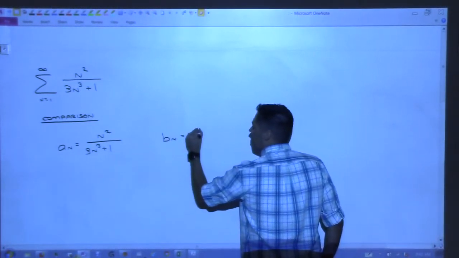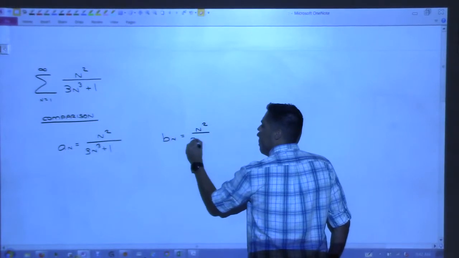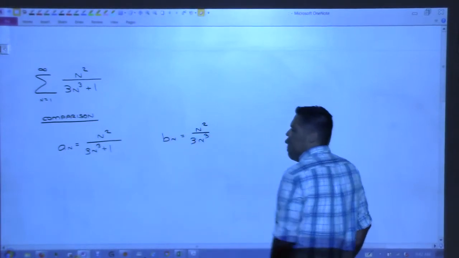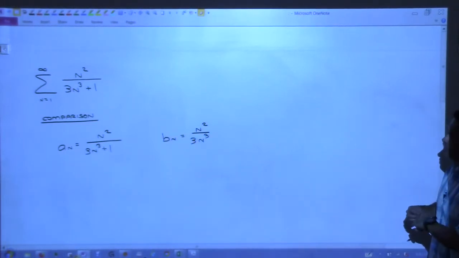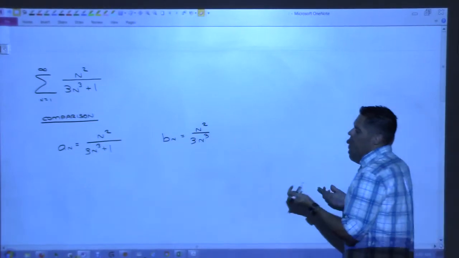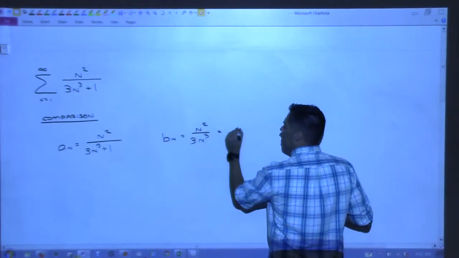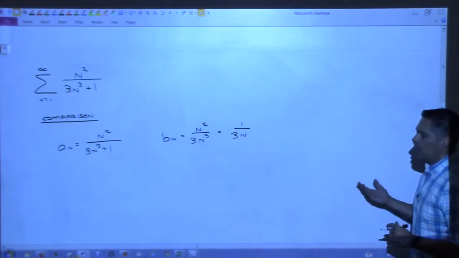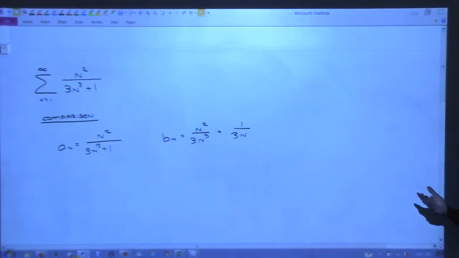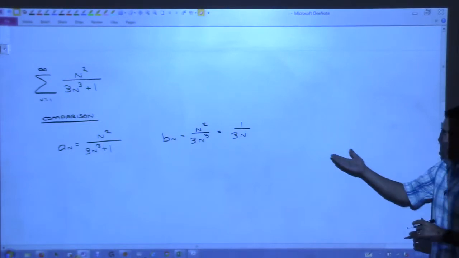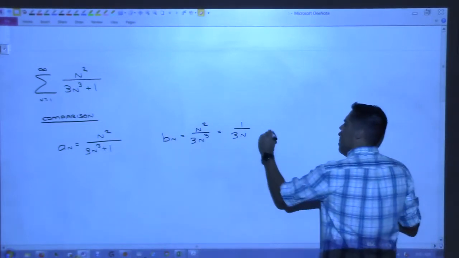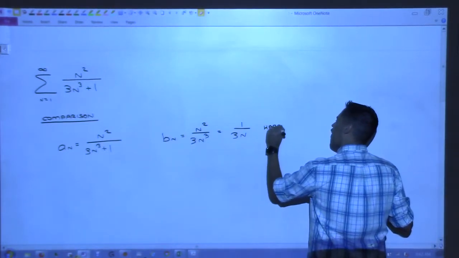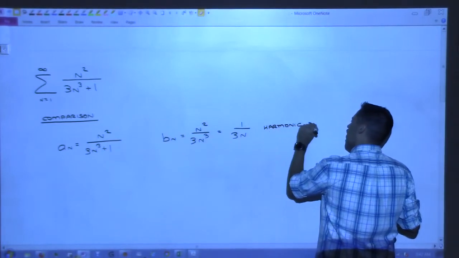So this is really like, would you keep the 3? Yeah, you can keep the 3 there. The reason why I don't mind keeping the 3 there is because this really comes out to be 1 over 3n, right? And that 3 doesn't matter, it's harmonic. That's a harmonic series? Okay, so this is harmonic. And it diverges.